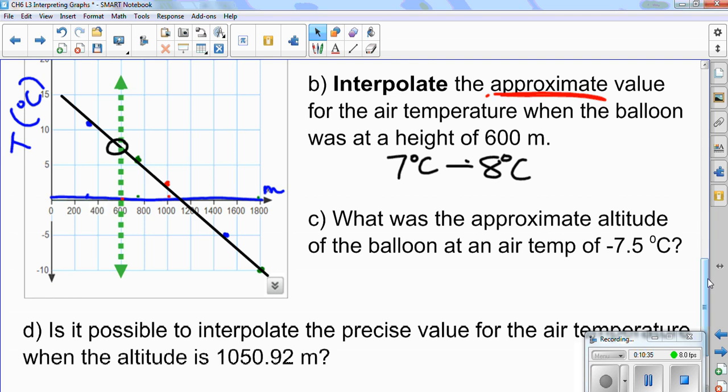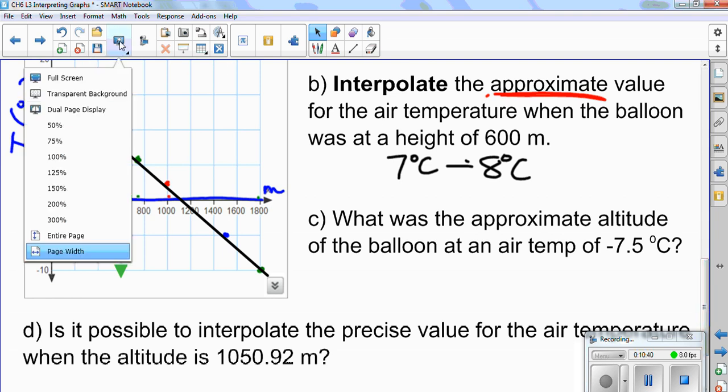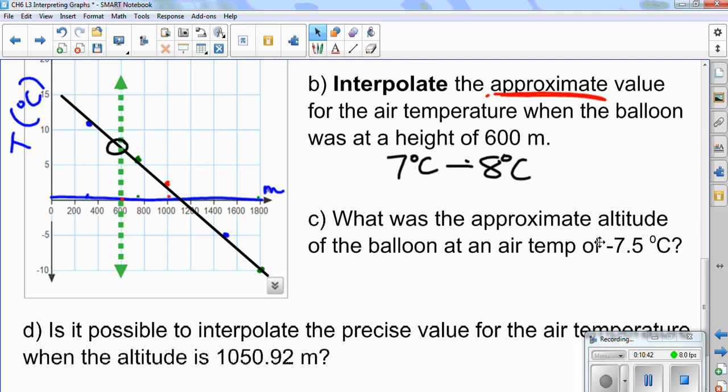C says, what was the approximate altitude of the balloon when the temperature is negative 7.5? So again, we're estimating. Okay, negative 7.5, here's my temperature, so negative 7.5 is going to be somewhere between negative 5 and negative 10. Again, I'm going to use a ruler, straight line. I'm going to start approximately at negative 7.5 and trace it out to my data.